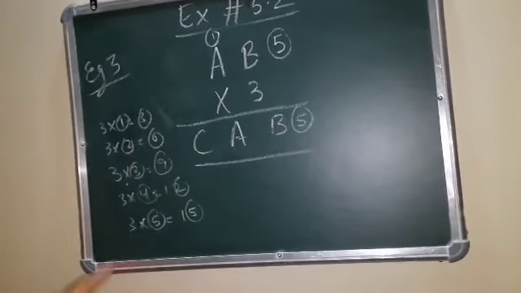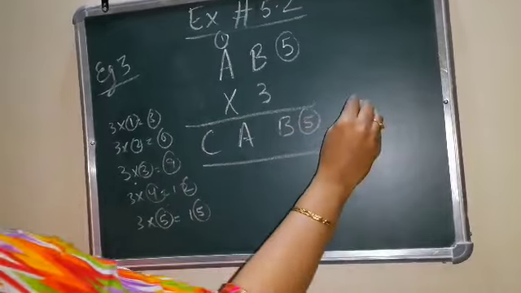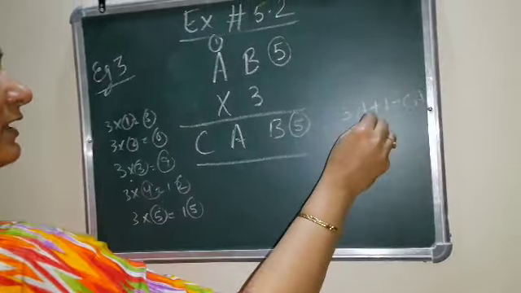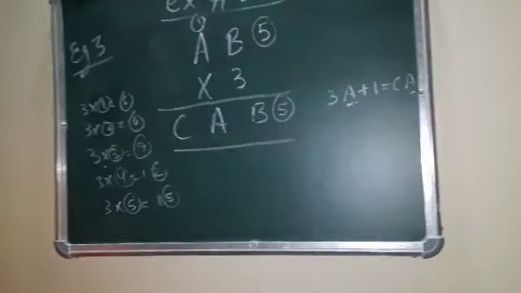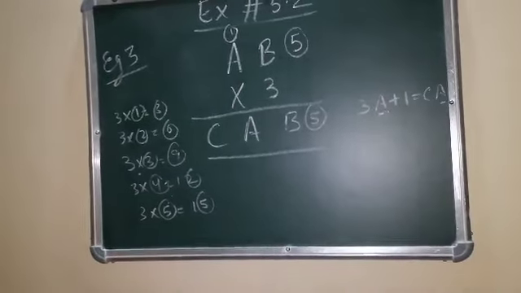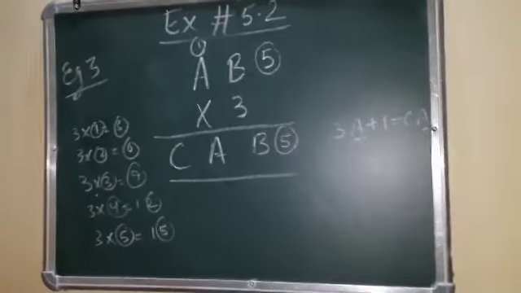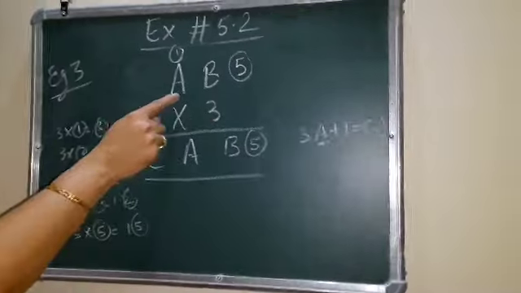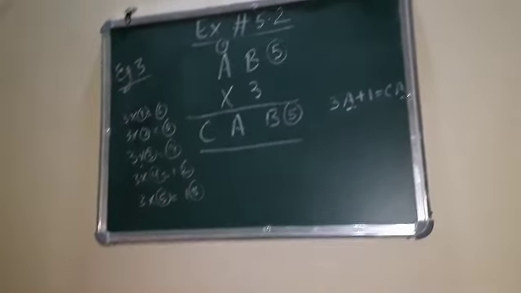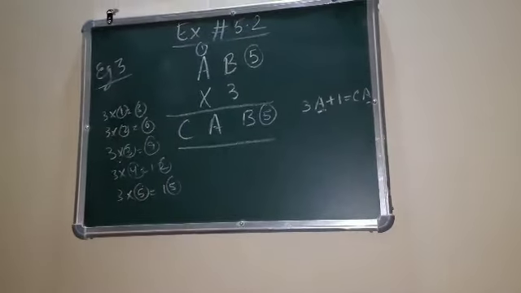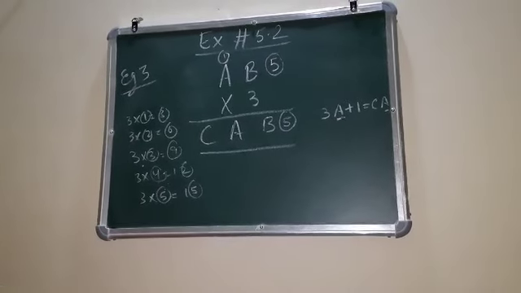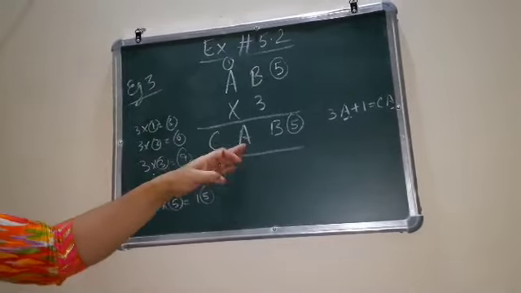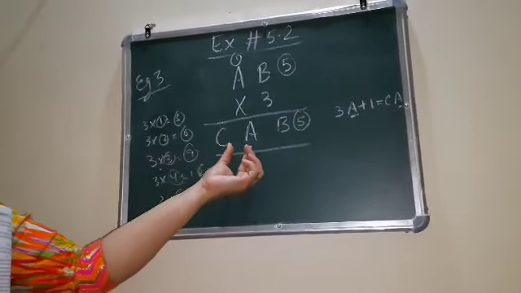Now I want the answer 3A. When you add 1 to it, I should get CA. Whatever number I get here, the same number I should get here also. So it will be 3 into A plus 1 is equal to CA, you have to see. If I put 3 ones are 3, 3 plus 1, 4, that is a 1-digit number, so not possible.